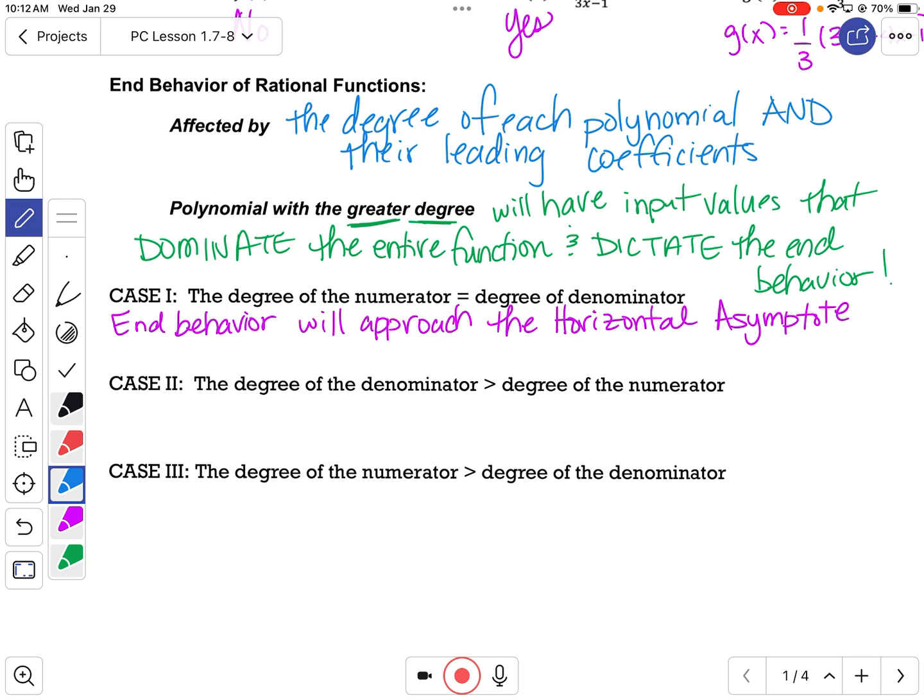How do I find that? It is just the ratio of the leading coefficients. So if the degree of my numerator equals the degree of my denominator, my end behavior in both directions, that limit that we do, will always approach that horizontal asymptote, which is the ratio of the leading coefficients.